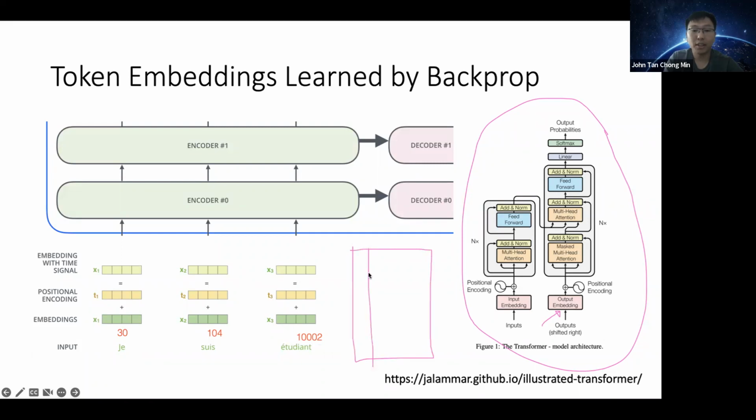You have your index, like index 30, and then you get your embedding. Your embedding is this n-dimensional vector. Typically, we use 1024 dimensions for transformers. You can read off these 1024 dimensions and put them inside this embedding layer here. So this is what is done for transformers at the beginning.